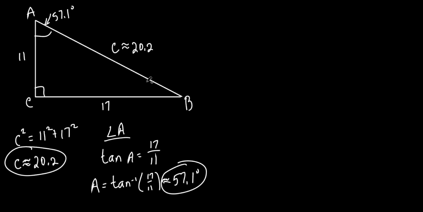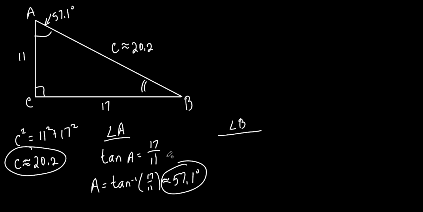Now, technically, you could go 90 minus 57.1, but it may not be as accurate as we want it to be. So let's use a trig function. Let's do this angle right here. What are the 11 and 17 to this angle? 11 is opposite, and 17 is adjacent.